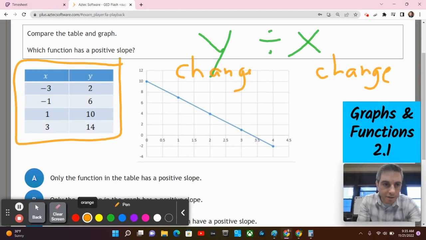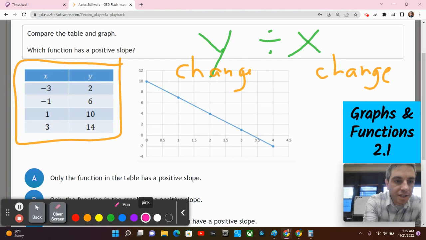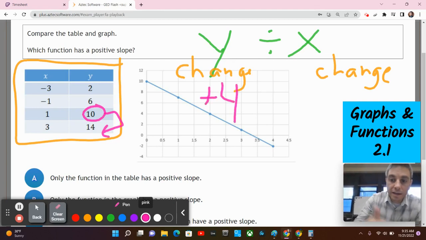For me, when I'm looking at this, I'm seeing the third and fourth rows as being all positive numbers and fairly small. I like to use positive numbers if I can, so that's what I'm going to do. For the y, we're going from, say, 10 up to 14. That's a change of positive 4. It's going up 4. Then the x numbers go from 1 to 3.